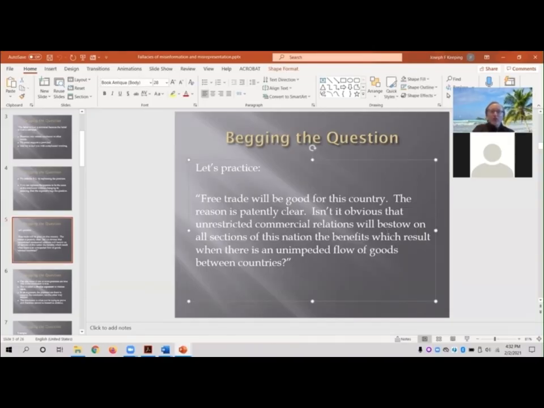Unrestricted commercial relations. Can we rephrase that? Yes, we can rephrase it to mean free trade. Unimpeded flow of goods between countries, well, that's another way of saying free trade, and the other bit as well. So if you can do that while preserving the meaning, then you have shown that the argument commits the fallacy of begging the question.